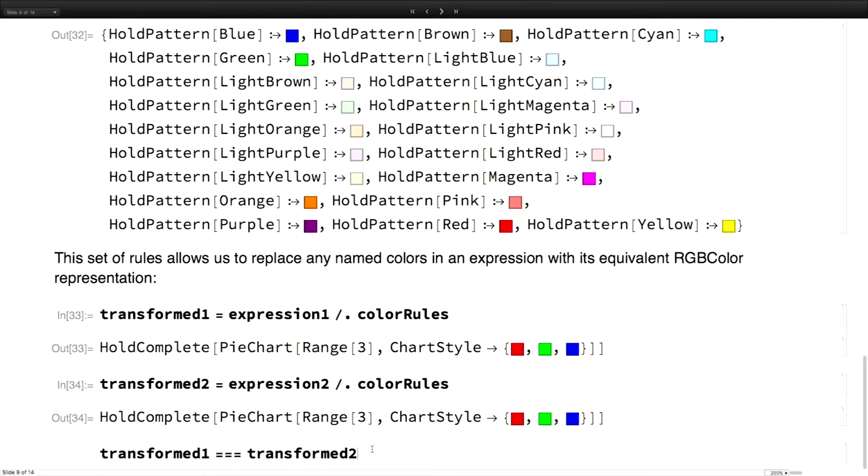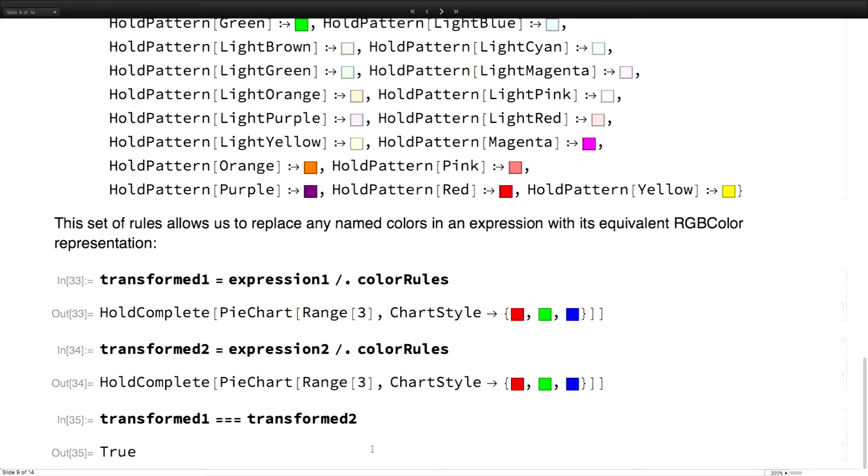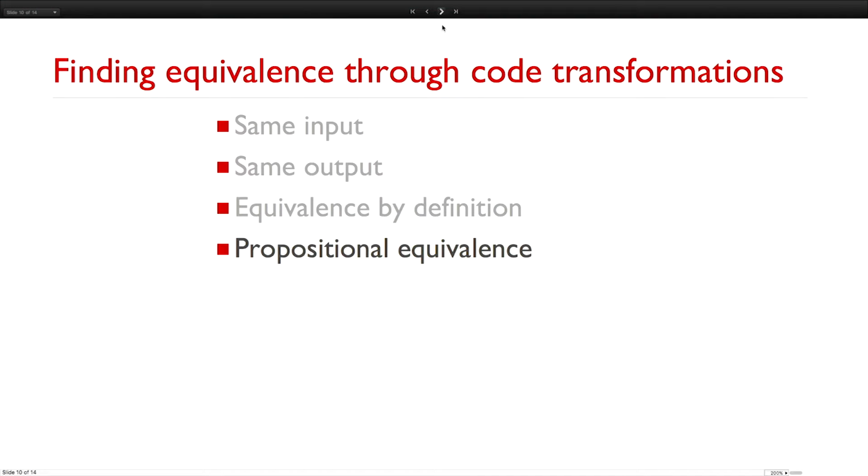You don't actually have to evaluate it. There are also methods where you could evaluate them and then renormalize the variables test, but just replacing the red, I think, is easier for this one. So equivalence by definition, that's just quite literally look at the definition of symbols and see what they're the same as, and just replace them as necessary.